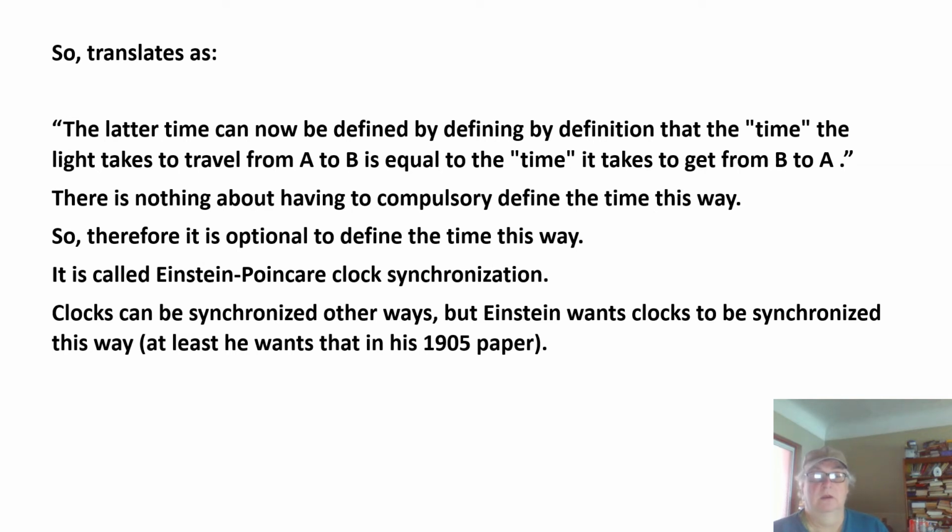There's nothing about having to compulsorily define time this way, so it's optional to define time that way, and it's called Einstein-Poincare clock synchronization. Clocks can be synchronized other ways, but Einstein wants clocks to be synchronized this way, at least in what he's writing in his 1905 paper.